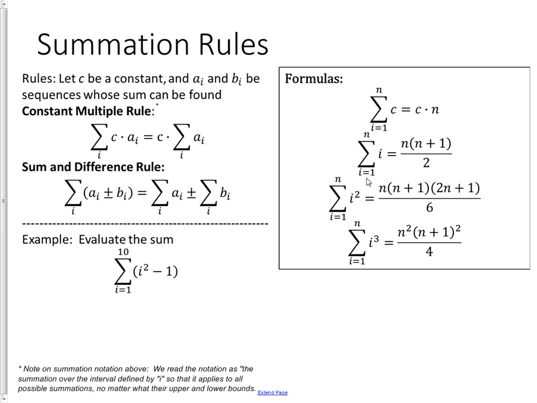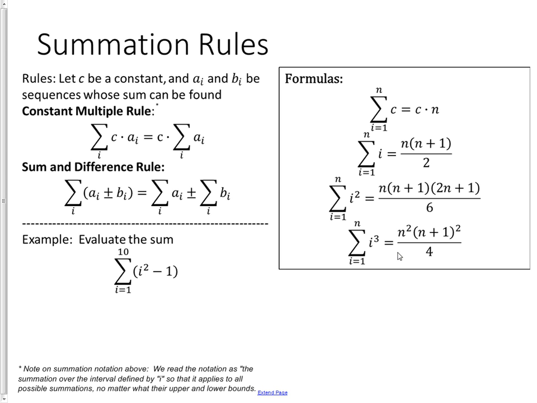If I took the sum from i equals 1 to n of i, that is 1 plus 2 plus 3 plus 4 all the way up to n, whatever that upper limit is, it would be the same as n times n plus 1 divided by 2. There are similar formulas here for i squared, n times n plus 1 times 2n plus 1 over 6, and for i cubed, n squared times n plus 1 squared over 4.